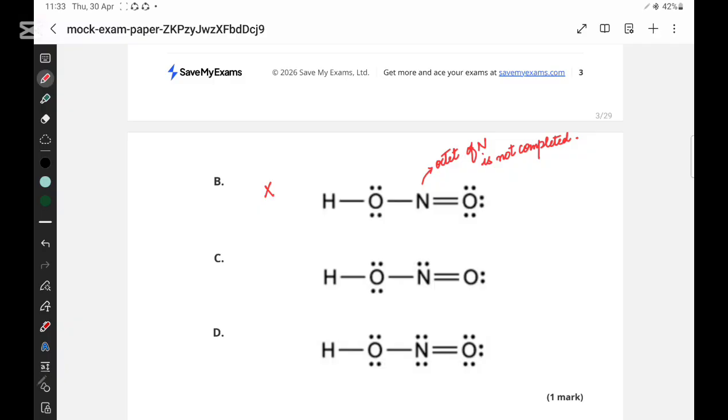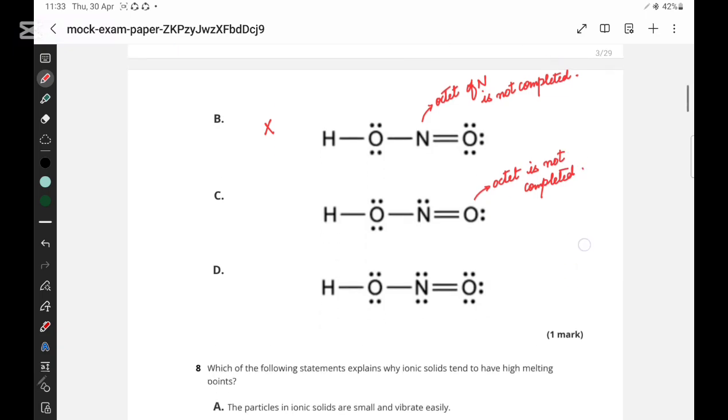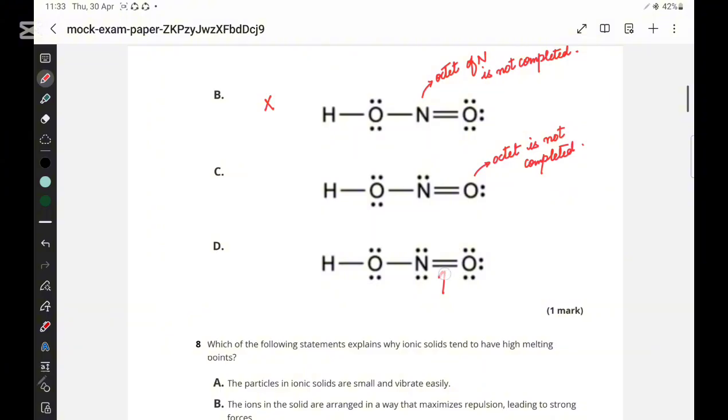And if we see the second option, you are going to see the octet of this oxygen is not completed. And if you come towards the next part, you are going to see that there are excess electrons which are bonded with oxygen. So this is also wrong.